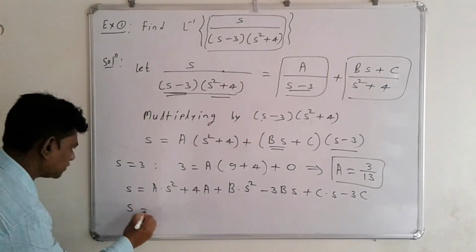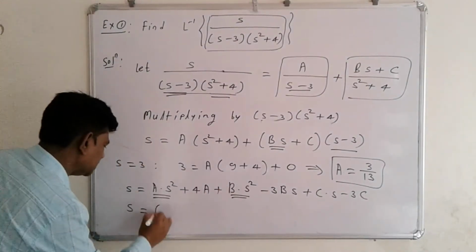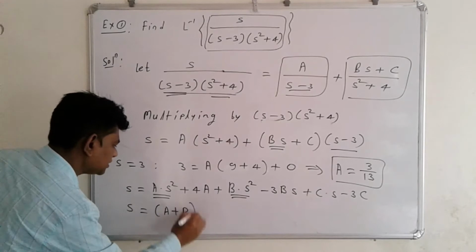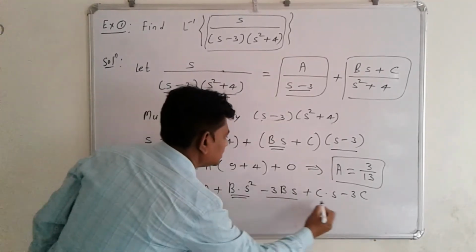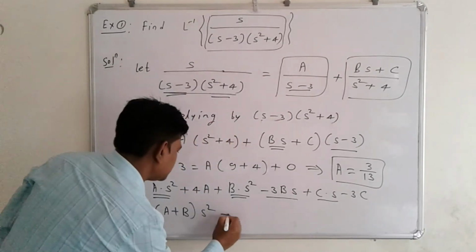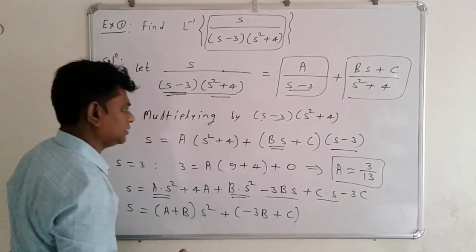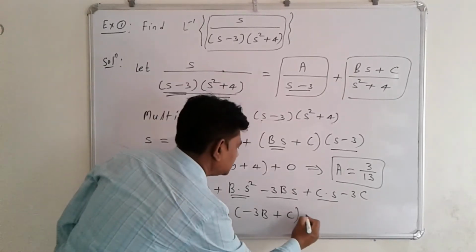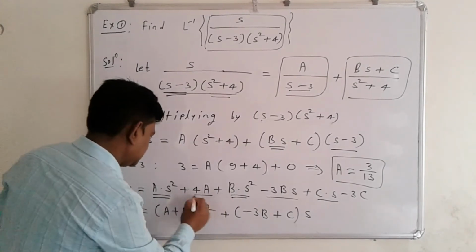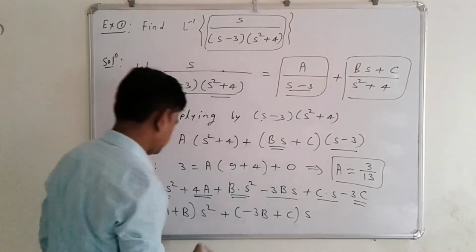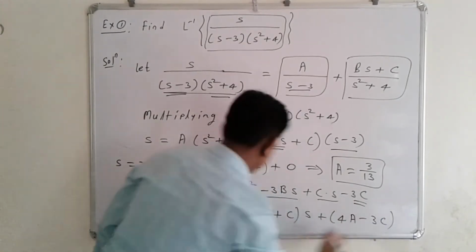Now s is equal to, here s square is common, (a plus b) times s square, now here s is common, plus (minus 3 times b plus c) times this s. Now this is the constant term, plus 4 times a minus 3 times c.